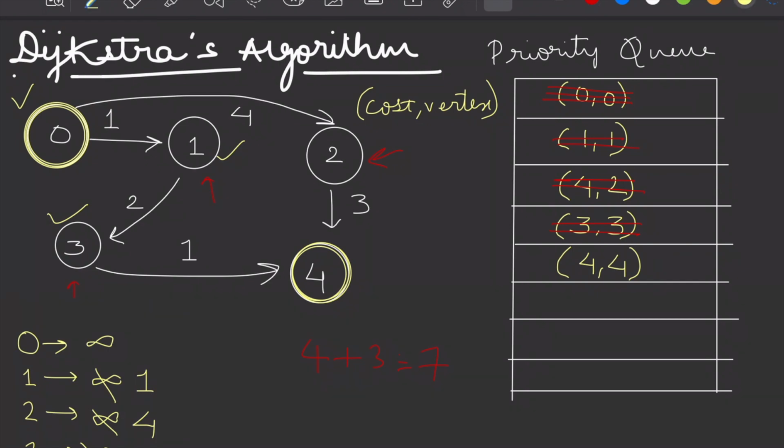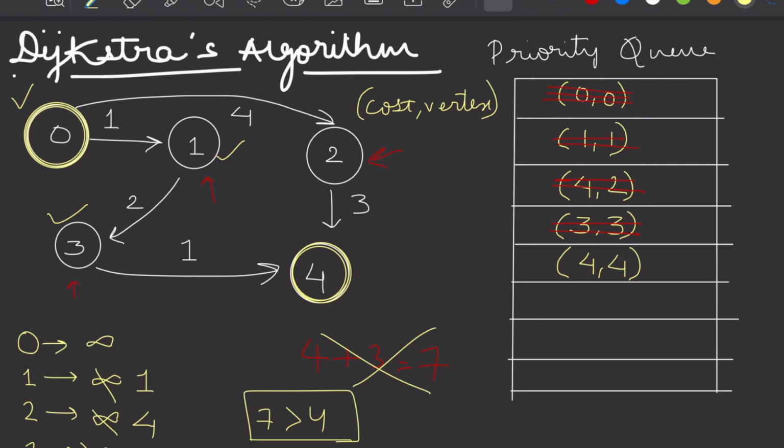We have a smaller cost to reach 4, which was 4, and since 7 is greater than 4, we're not going to do anything, because we have already found a path with a smaller cost to reach 4. So we're just going to ignore this particular path, because that's the point of using the heap. We are finding the minimum cost to reach the vertex, so this is ignored. We won't update it because we have already found the smaller value to reach 4.